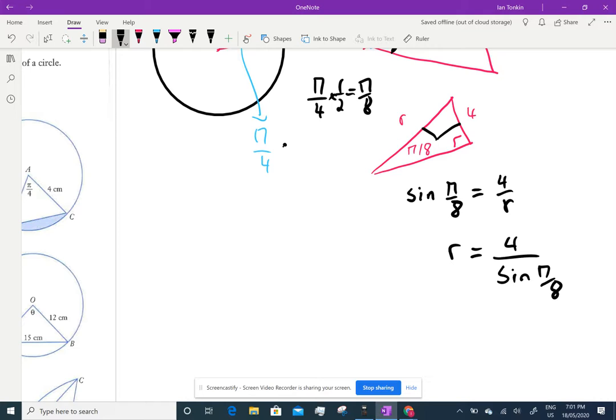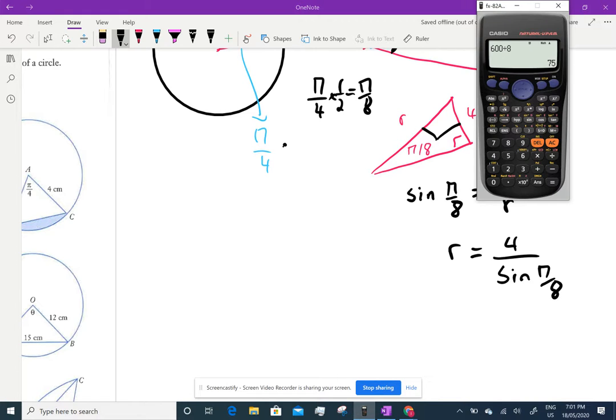Now, I'm not going to work that out. I'm going to leave that. Oh, well, no, I better do it because they want us to work it out. So what do we got? 4 divided by sine. Now, am I in radians? I'll just better check. So shift, setup. Let's make sure I'm in radians because I'm going to be putting pi on 8.